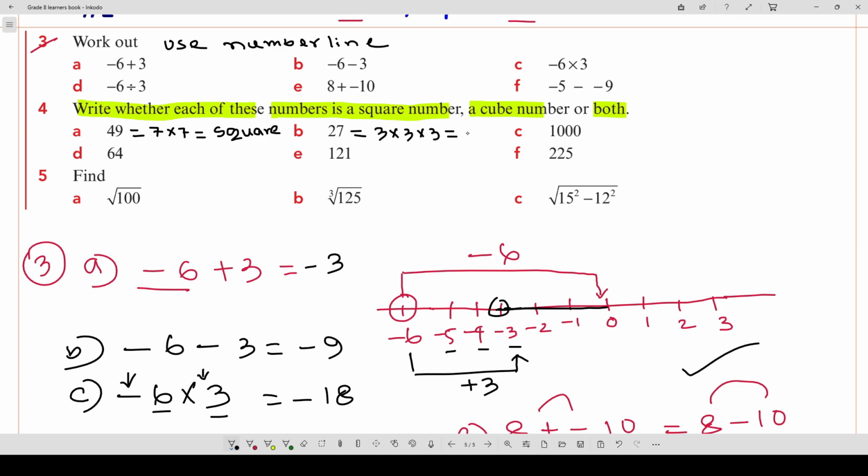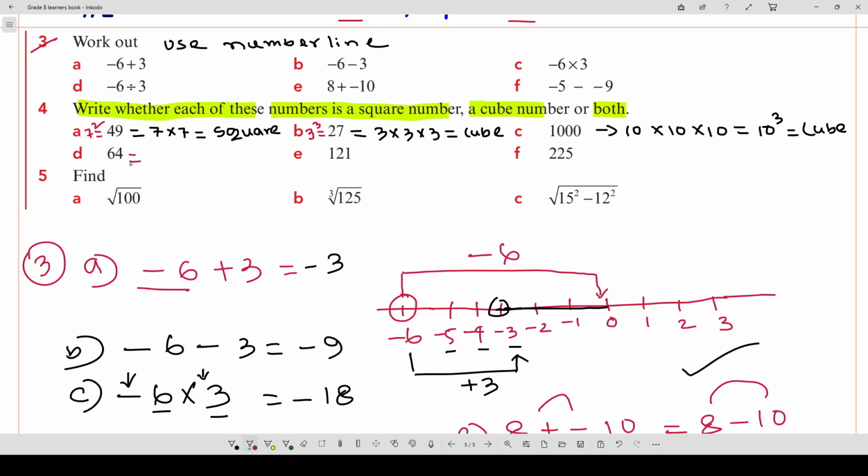It means this is a cube, right? Next, number C, 1000. We can write 10 times 10 times 10. It means 10 cubed. So this is a cube. Similarly, 3 times 3 times 3 we can write as 3 cubed, and this one is 7 squared.